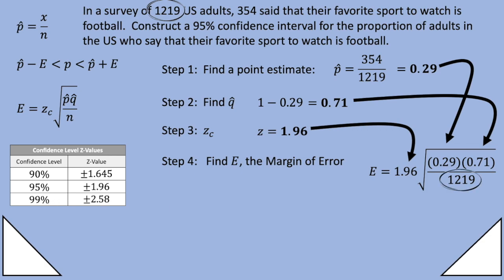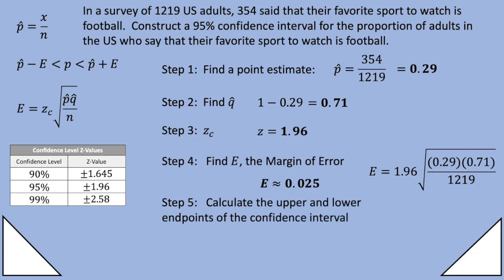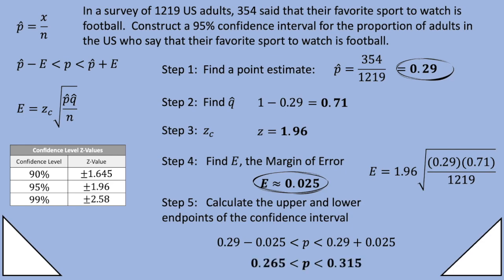So you plug all that into your calculator, and we get a margin of error of 0.025. So now we calculate the upper and lower endpoints of the confidence interval by taking P hat and the margin of error. So we'll take 0.29 minus the margin of error, 0.29 plus the margin of error, and we get our confidence interval. So P is likely between 0.265 and 0.315.